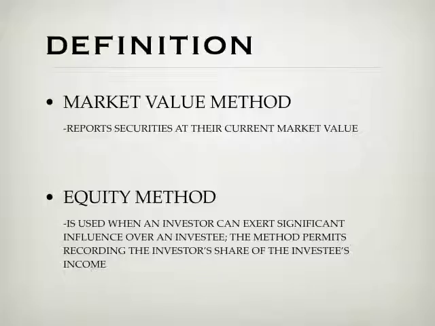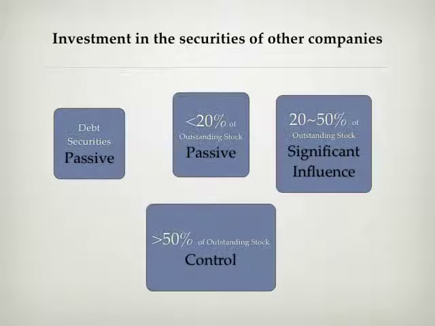Equity method is usually used when an investor can exert significant influence over an investee. The method permits recording the investor's share of the investee's income. So it's kind of confusing. What is significant influence? I will give a clear understanding in the next slide.